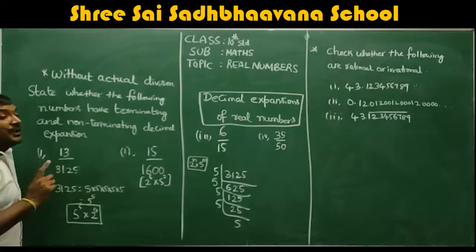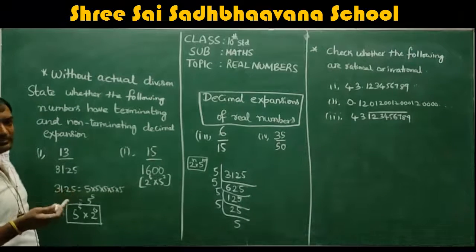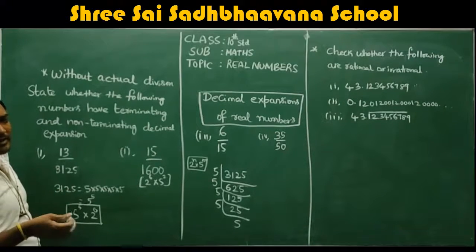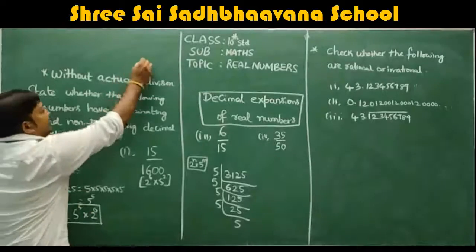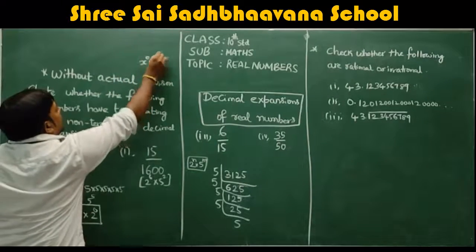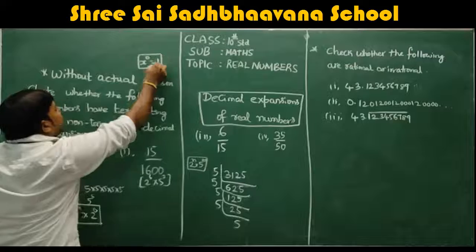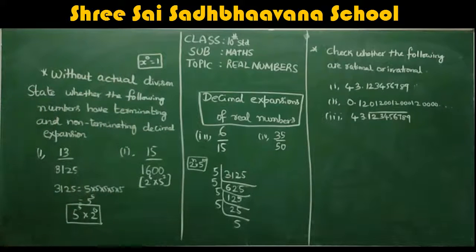As I told, anything power 0, we know this formula, it is very useful and very basic. X power 0 is equal to 1. X may be anything, a power 0, 2 power 0, 3 power 0, any number, any term power 0 is 1. Similarly, 2 power 0 is also 1.